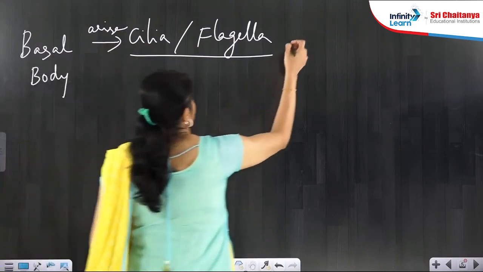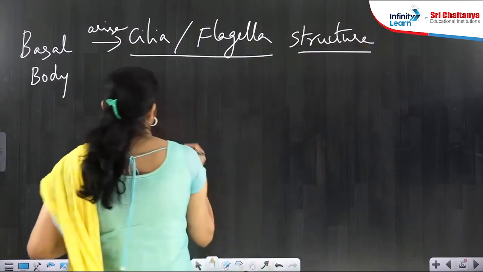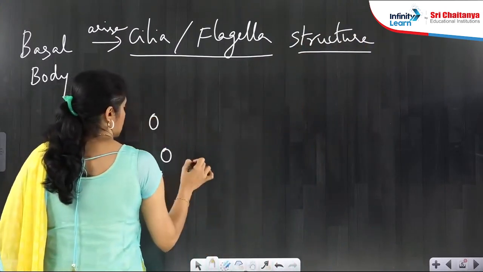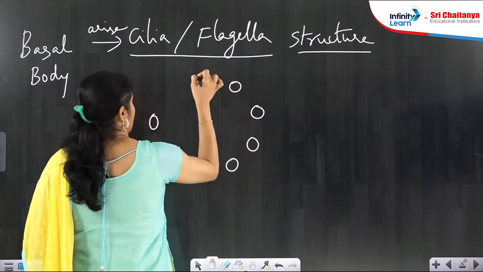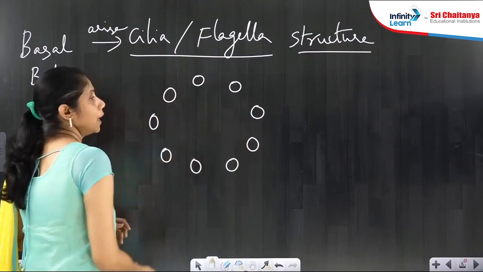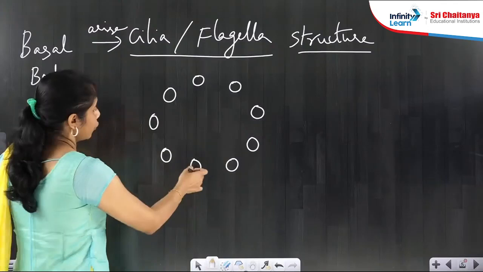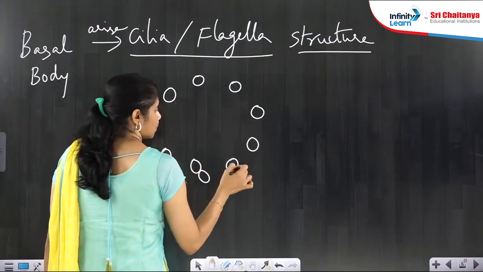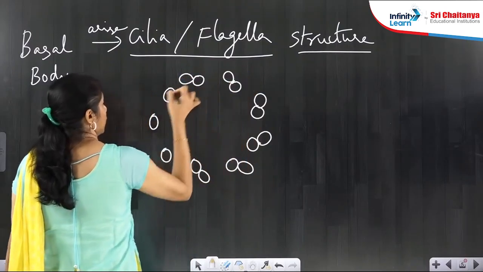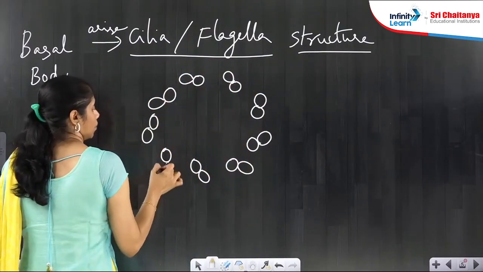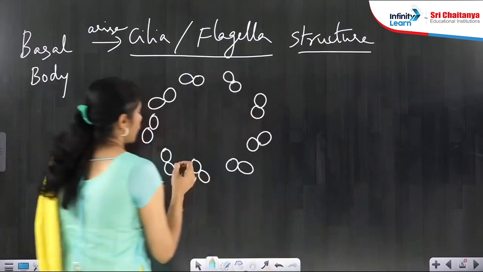In the transverse section, the cilia or flagella structure will look like this: 9 microtubules will be there, and these microtubules will be doublets. All of you can count the number of doublets here. Okay, 9 doublets are there.